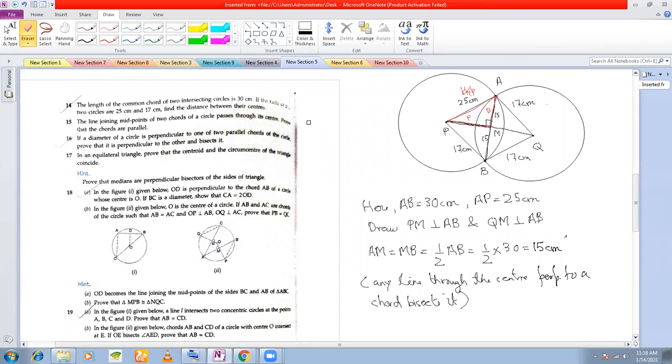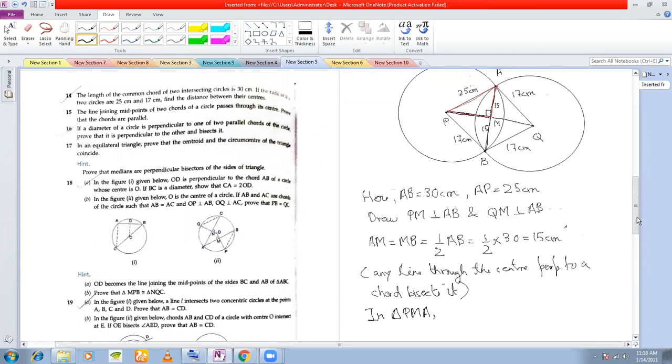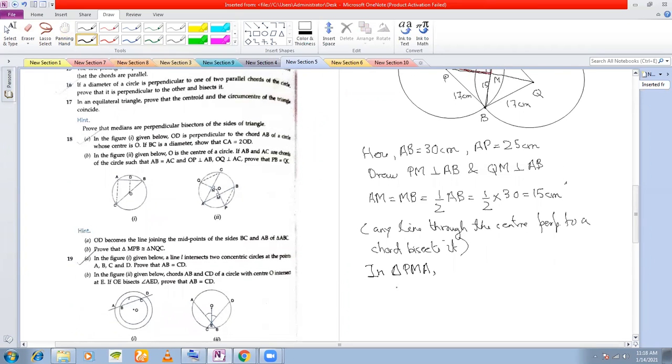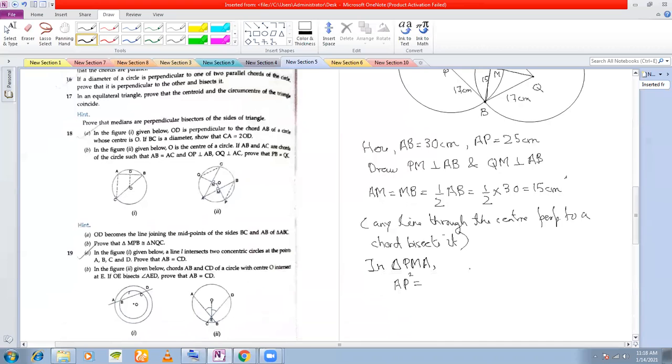By Pythagoras theorem, you proceed to find out the length of the perpendicular. So we consider triangle PMA. In triangle PMA, AP square is equal to PM square plus AM square.